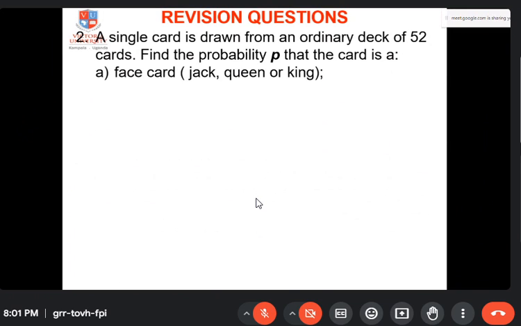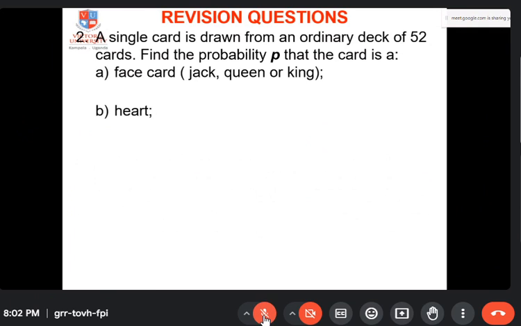Okay. I think this one we have already seen. A single card is drawn from a deck of 52. Find the probability that it is a face card. We said the face card is the picture card. 12 out of 52.